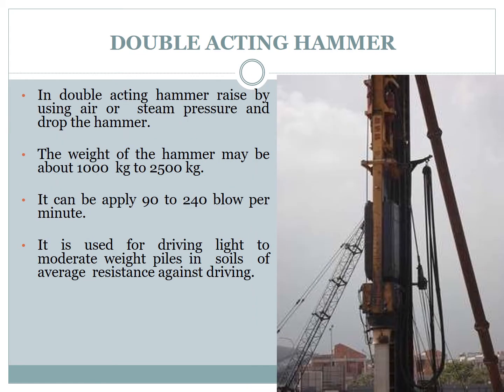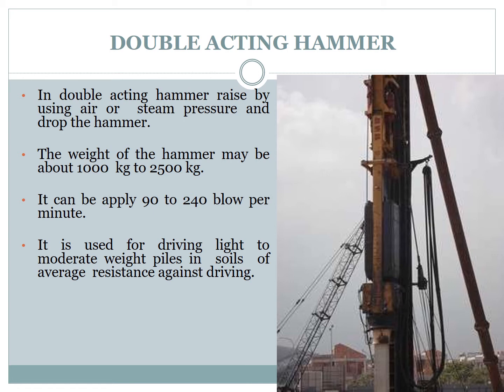In a double acting hammer, the ram is raised by steam or air pressure, and when the hammer has been raised to the required height, air or steam pressure is applied to the other side of the piston and the hammer is pushed downward under pressure. This increases the impact energy of the hammer.